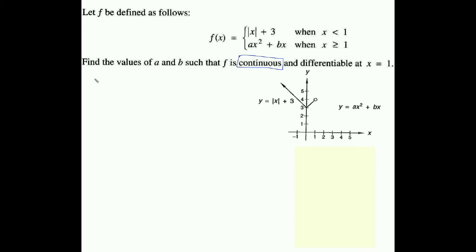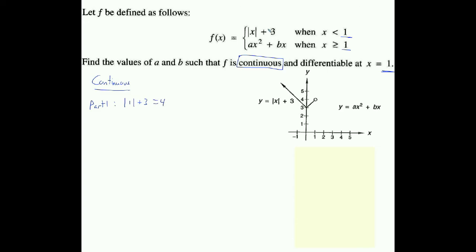So we want it to be continuous. In order for it to be continuous, the functions just have to be equal to each other at our point in question, at 1, which is right here. So we just plug 1 into both parts. For part 1, the top part, we put the absolute value of 1 plus 3, which is equal to 4.